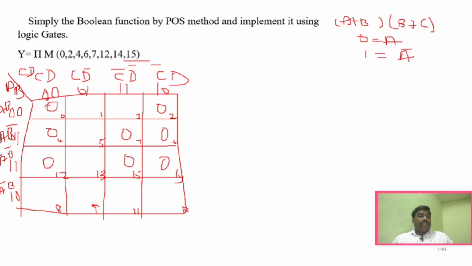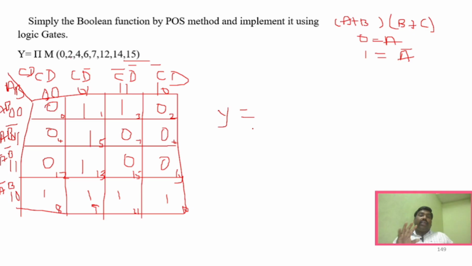Correct? So you can see here 0, 2, 4, 6, 7, 12, 14 and 15. And the remaining cells we have to put as 1. Correct? Now, how will I obtain the values here? Y is equal to, and how will you combine here? You have to combine.